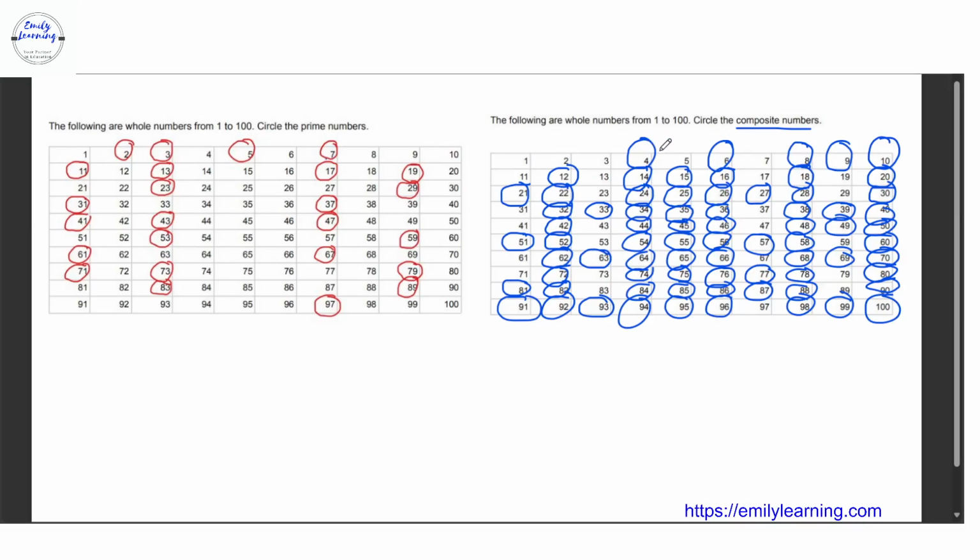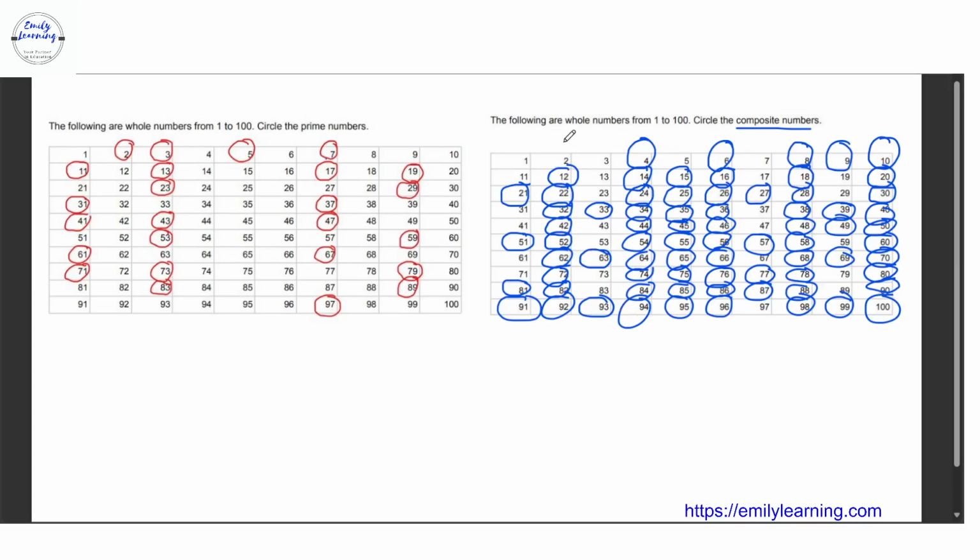So any even number that is bigger than 2 will not be a prime number. It will be a composite number, because it will have at least 1, itself, and 2 as factors.